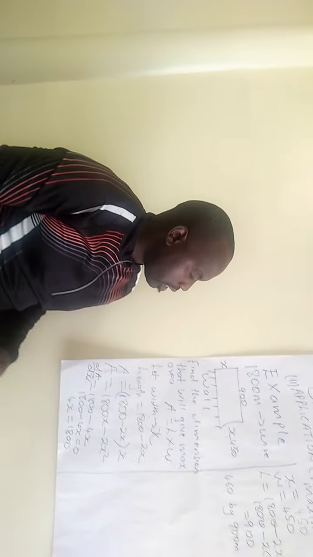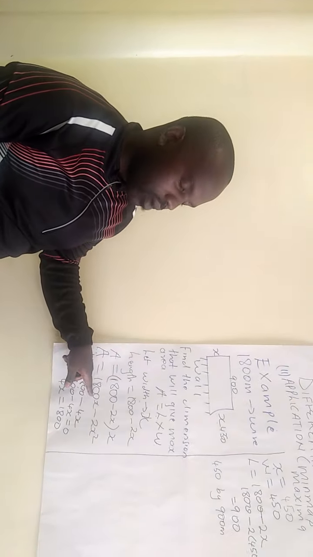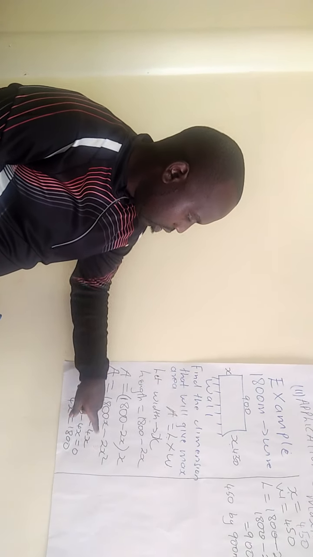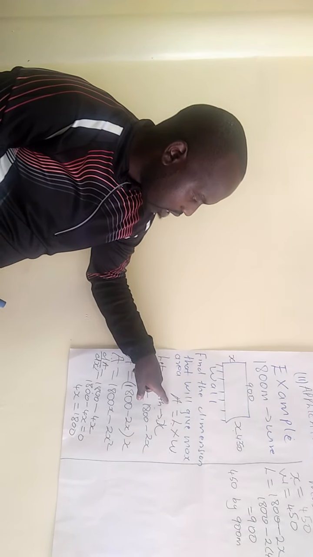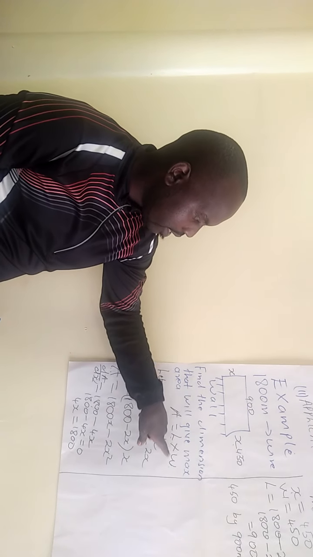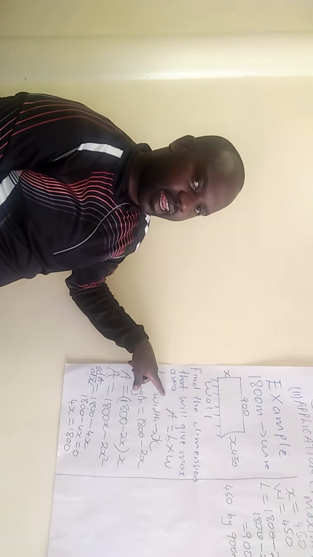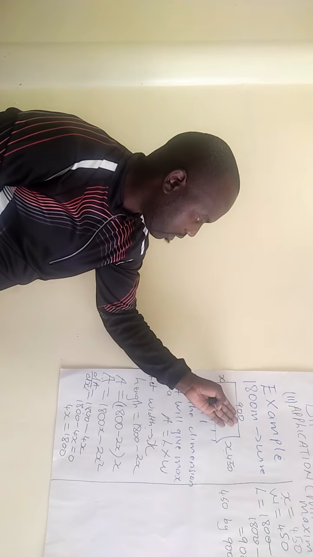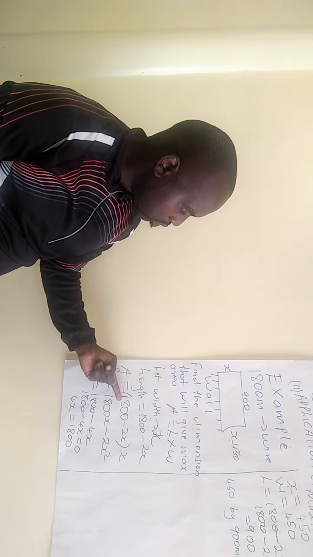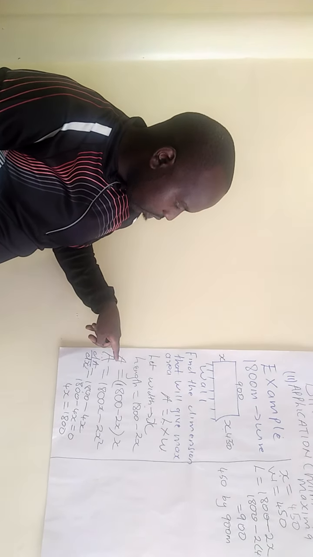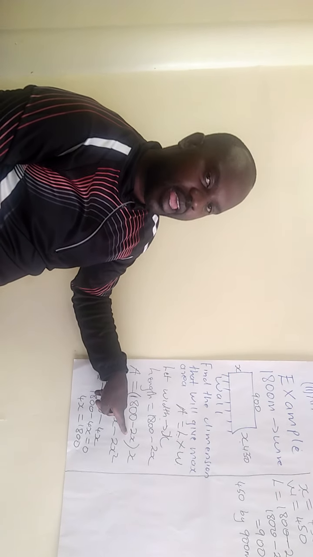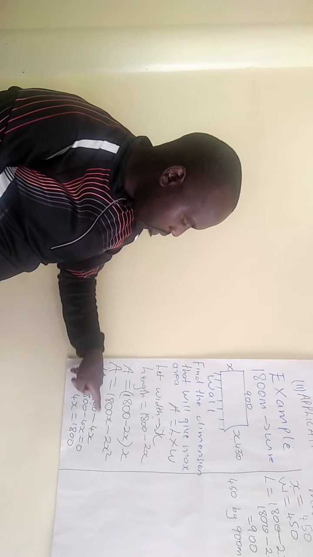The important thing is for you to come up with an expression. Remember, this has three variables: area, length and width. We cannot differentiate directly, because you could have just let length times width, but now we need two variables so that we can differentiate one with respect to the independent variable, which is x.